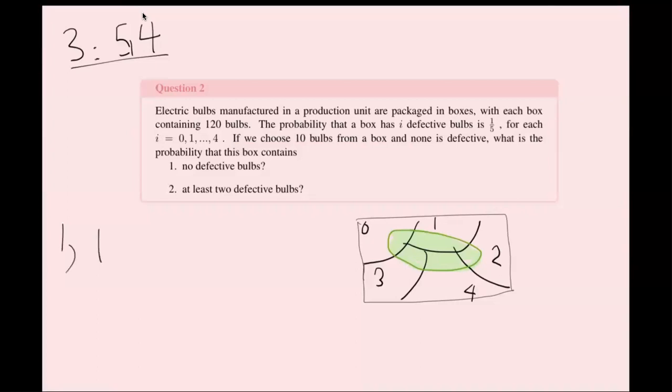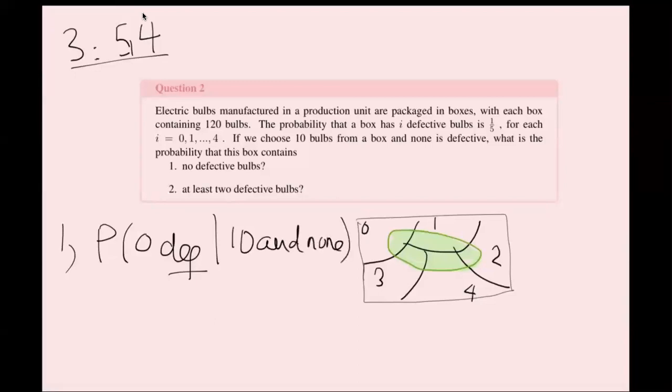And we want to calculate the probability that a box contains no defective, which means probability of 0 defective, given that you choose 10 and none is defective. This is the quantity that you are trying to calculate.